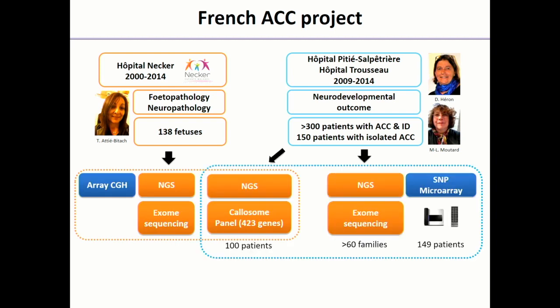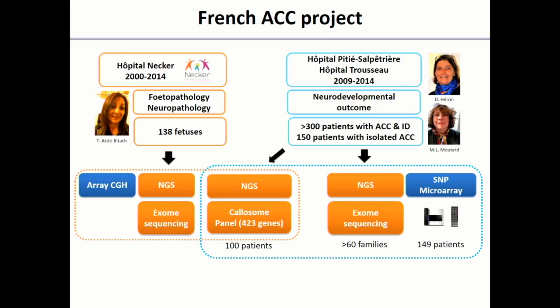So the genetic part was: we performed in both centers microarrays, of different types, array CGH or SNP microarrays. We performed first an analysis of the genes that were known to be associated with ACC.